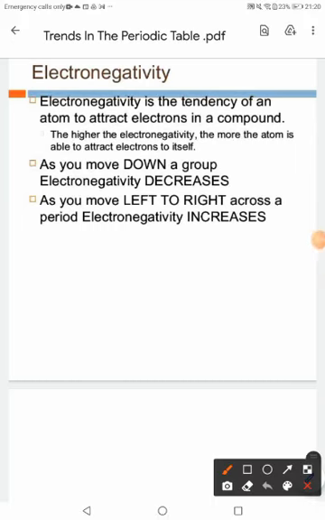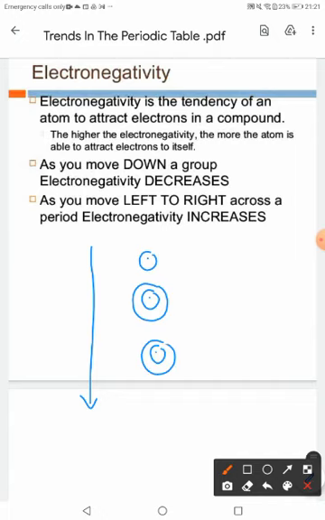Electronegativity is the tendency to attract an electron. So if we are moving down a group, we have already discussed that the atomic size keeps on increasing. As the size keeps on increasing due to increase in number of shells, the distance between the nucleus and the outermost shell increases. The distance is increasing, so the force of attraction between the nucleus and the outermost shell electron is decreasing.